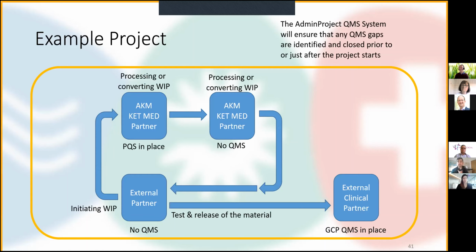Wrapping a quality management system around that using the admin project system will ensure that any QMS gaps are identified. So you will look at the various participants, what they're doing, and then work out what processes and procedures, effectively, how you will get access to those facilities and expertise to deliver the product that you need.